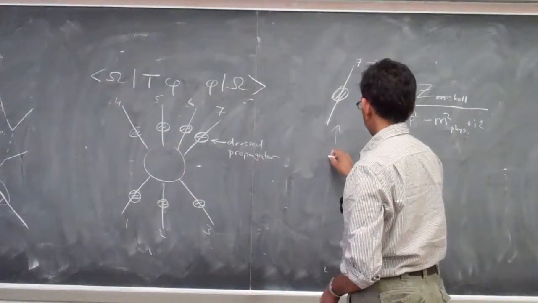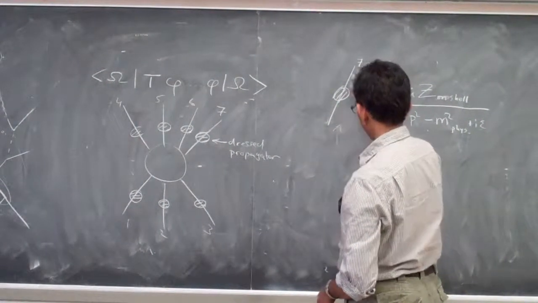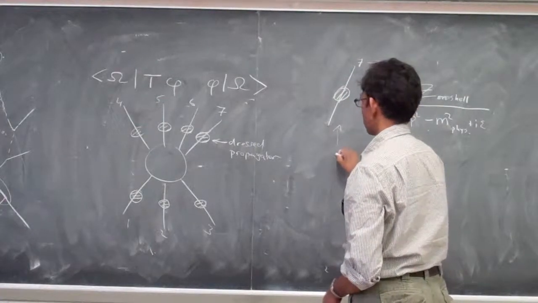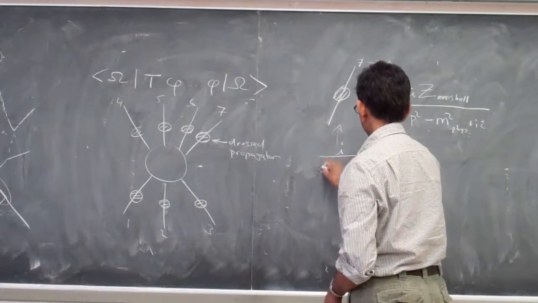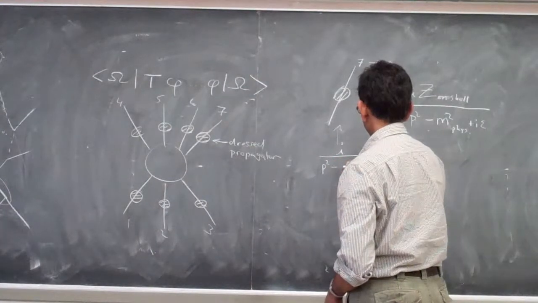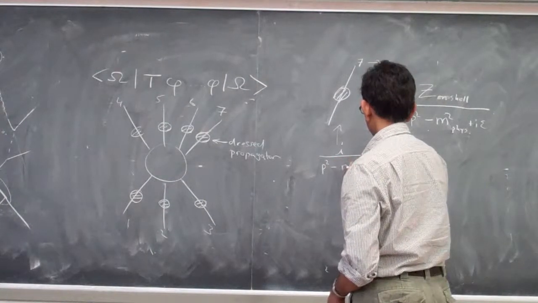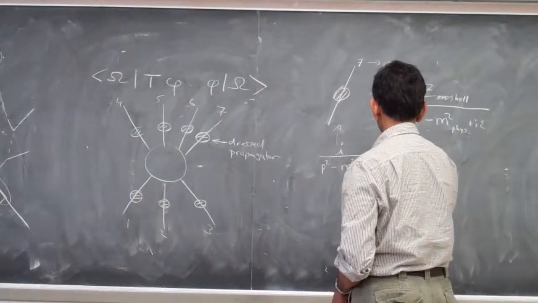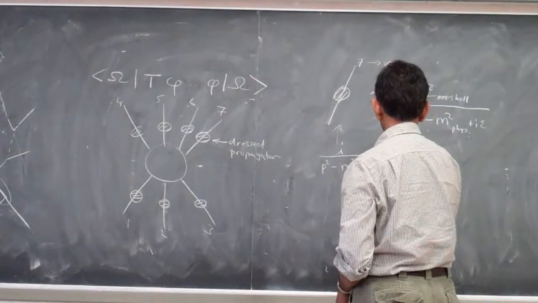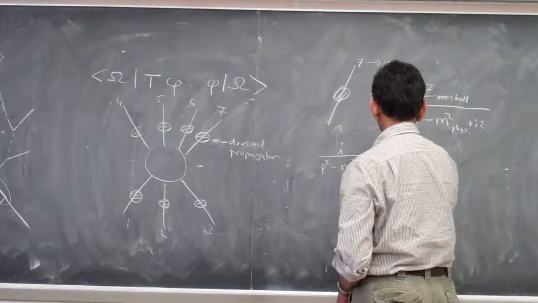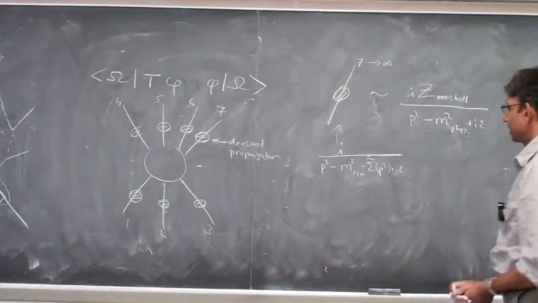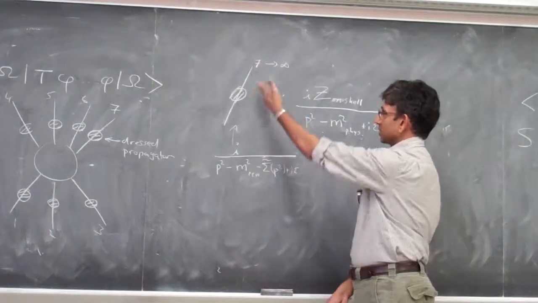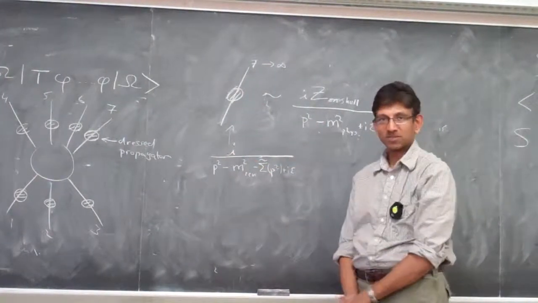This thing, of course, is the Fourier transform of this thing, is, of course, I over p squared minus okay. So, in total generality, this is just the Fourier transform of this.